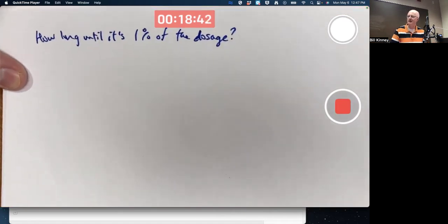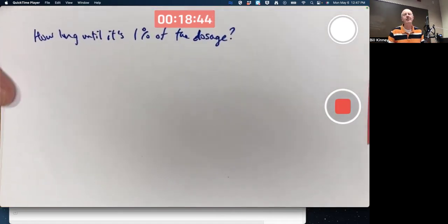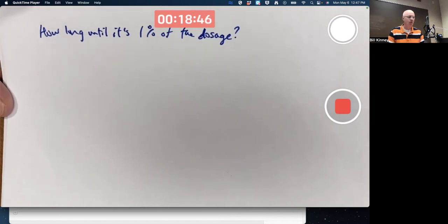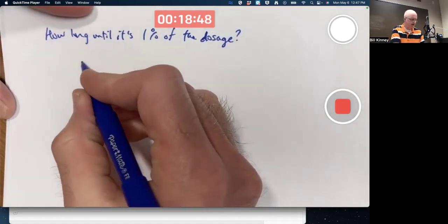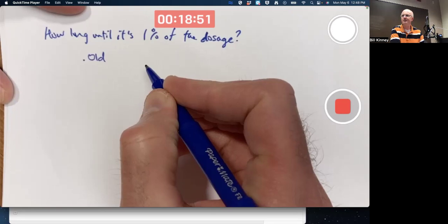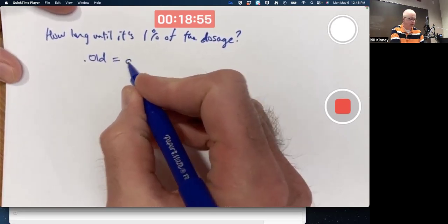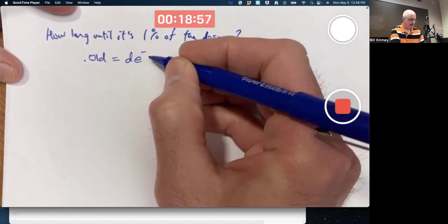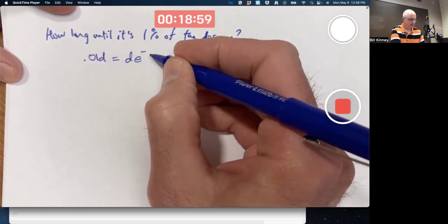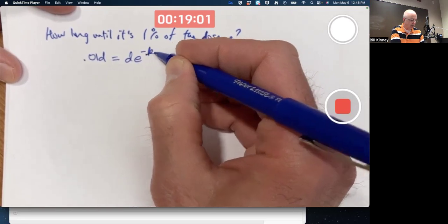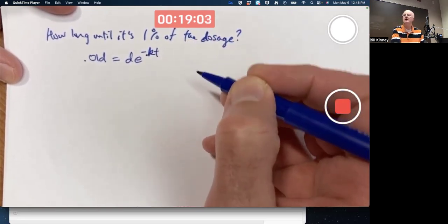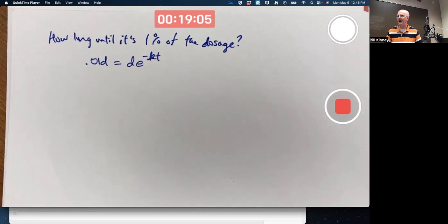I mean, that's probably not likely, but maybe. 1% of the dosage is 0.01 times D. Set that equal to D e to the negative K times T. Okay, let's go ahead and get it in terms of K first. And we'll also write it in terms of the half-life H.